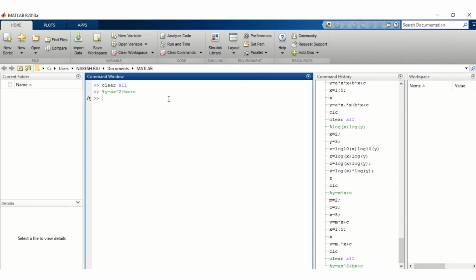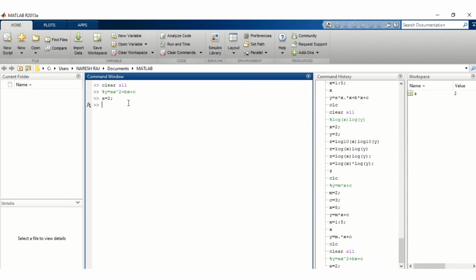In this equation, first we see what is the constant and what is the variable, because we will assign values to the constants and to the variable. Here a, b and c are constants, and x is a variable. So we will assign values to the constants first: assume a equals 2, b equals 2 and c equals 5.